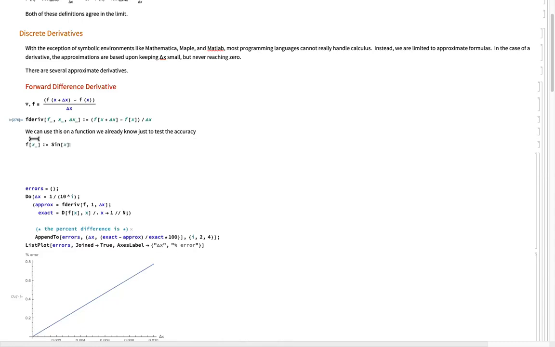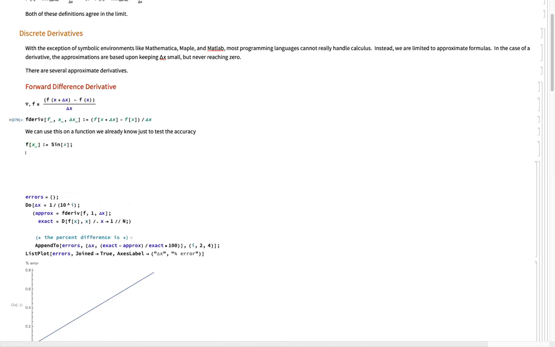So define sine of x, and then we say f deriv of f, comma, let's say we want the derivative at x equals 1, and let's say our delta x is 0.0001. Okay? And then let's see what it tells us.